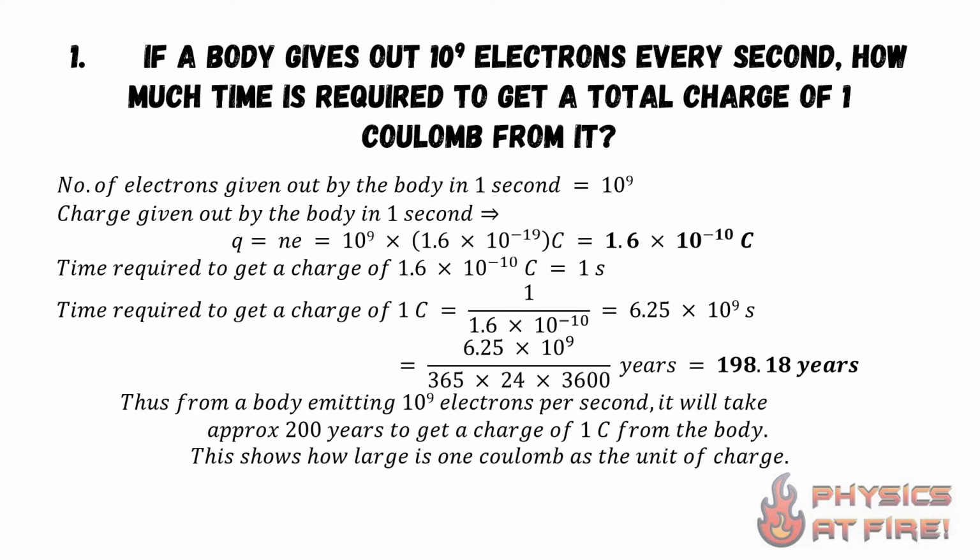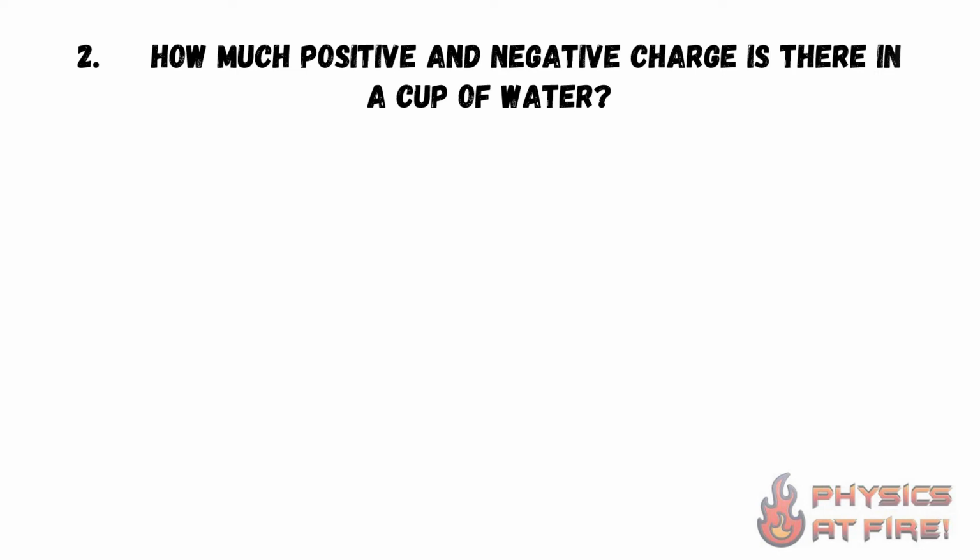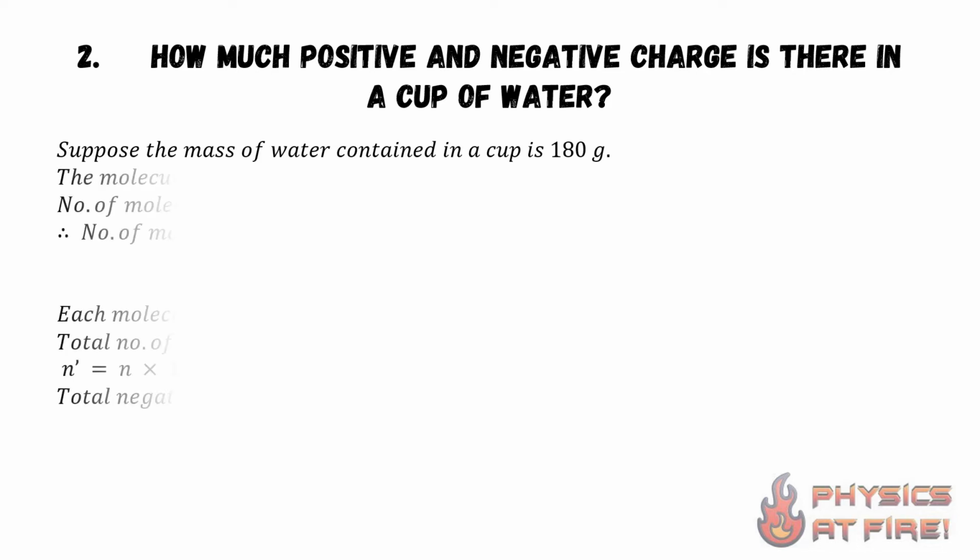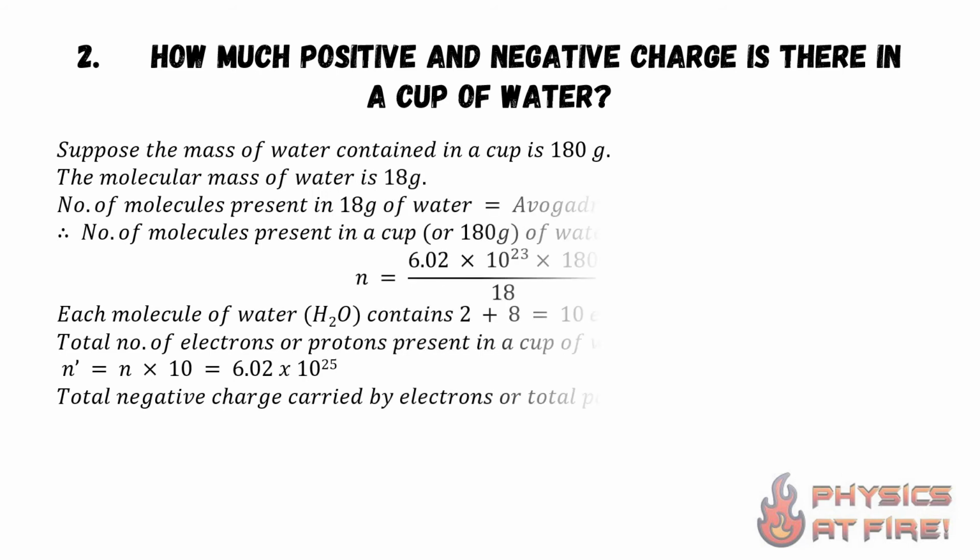Now, let's move to question 2. How much positive and negative charge is there in a cup of water? Please have a pause and try it yourself, or just continue. Suppose the mass of water contained in a cup is 180 grams. We are taking 180 for the sake of convenience only. And the molecular mass of water is 18 grams.